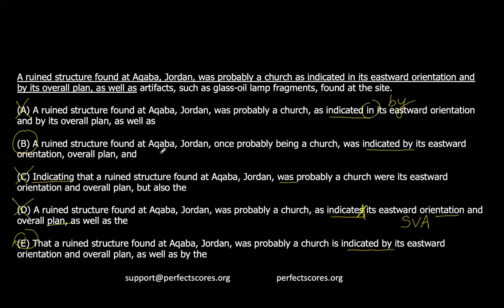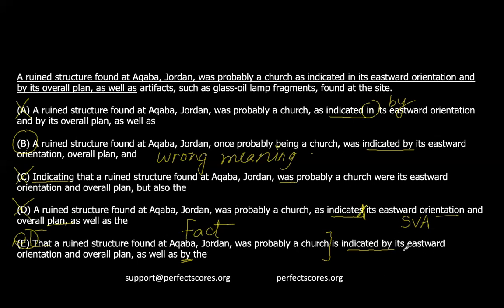So this one gives you the wrong meaning, and that is why E is the answer: that a ruined structure found at this place was probably a church. So this judgment is indicated by these two things as well as by the third thing, which is artifacts. So this one takes care of everything.